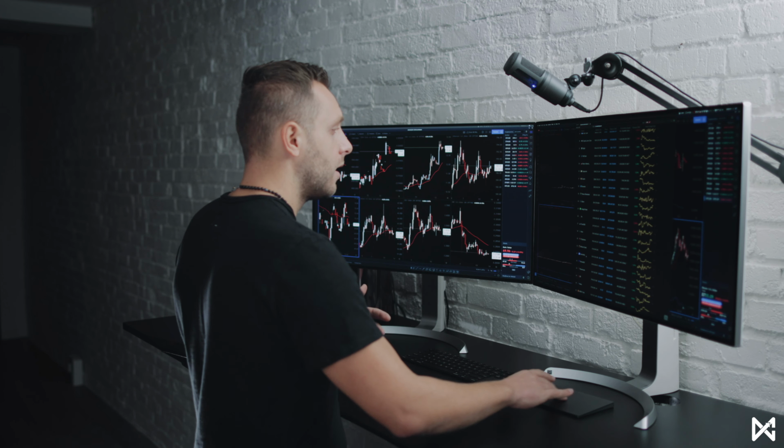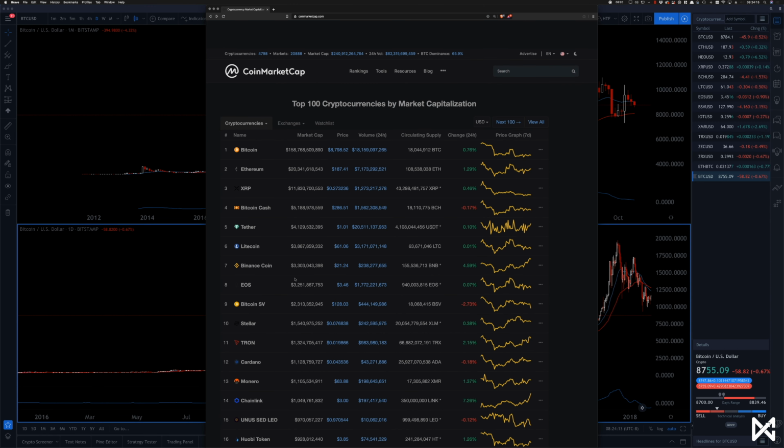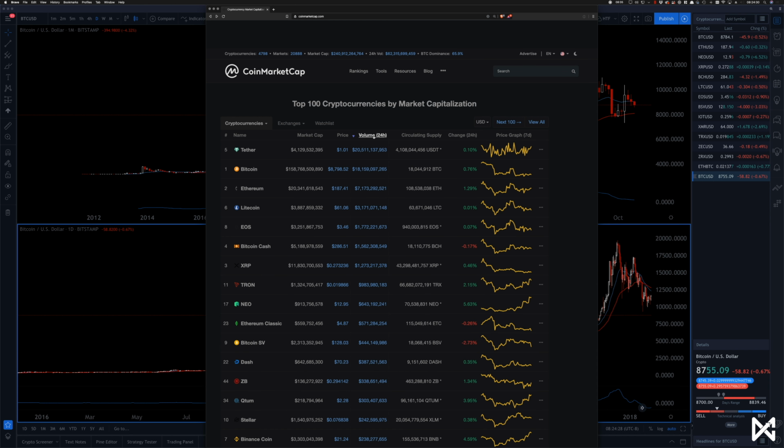Now, from a trading point of view, right? Another thing, if you're day trading cryptocurrency, right? Market cap is great because that's telling us the size of the currency within the cryptocurrency space. But if you look at 24-hour volume, you'll notice that again, Bitcoin, Ethereum, Litecoin, EOS, Bitcoin Cash, Ripple, Tron, Neo, right?